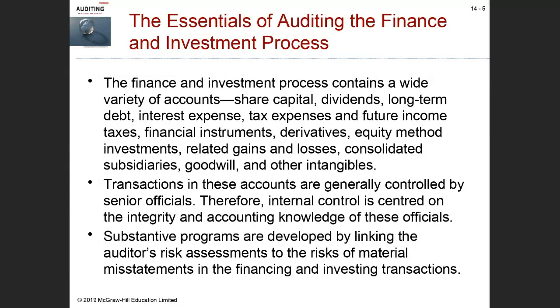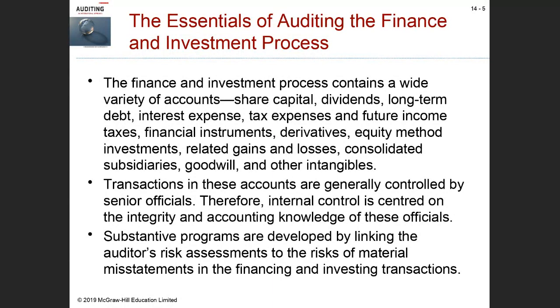Goodwill, when we purchase another business, a large amount of what we often pay for is referred to as goodwill, or the future earning power of that business. And then intangibles, typically things like patents would be an example. Copyrights, leasehold improvements would be the types of things that we're talking about there.